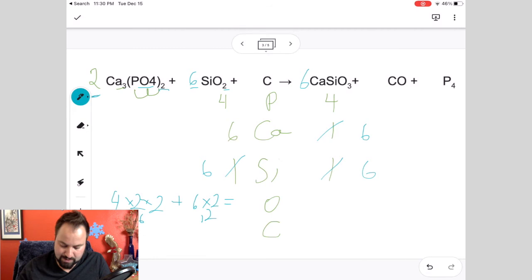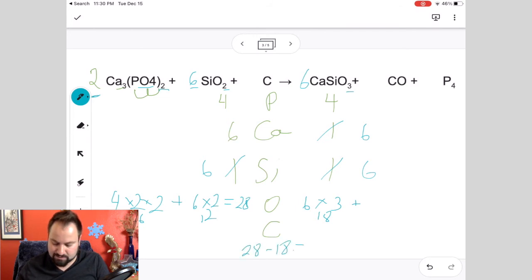Grand total of 28. And on the right, we have 6 times 3 plus 1. But here's the thing. That 1 we can control. So whatever this is, we just have to subtract that. So 28 minus 18, that's 10. So we want this to be 10.